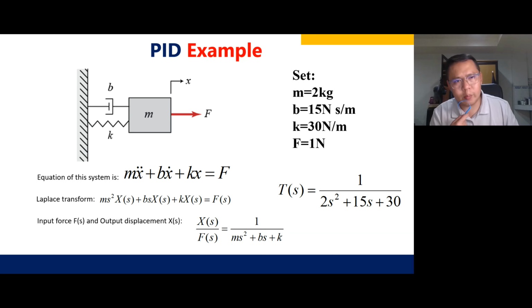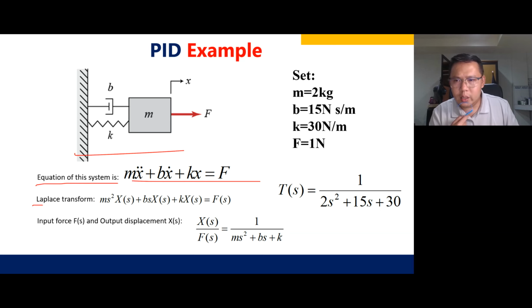For this example, the system is a mass in translation under the action of a spring and a damper. Like this, the equation of the system is this.